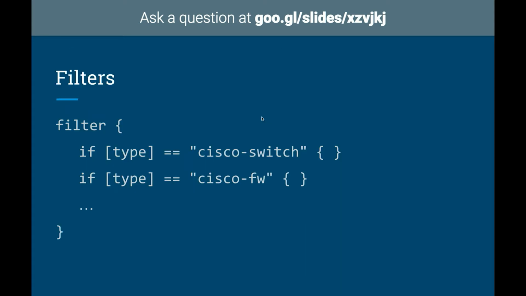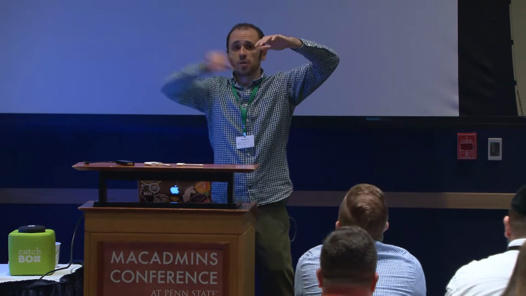I'm going to show you why that's important. Don't worry. Filters. The same way that we build messages, we have the ability to do conditional formatting. So earlier on, it was port 5514 for Cisco switches, 5544 for firewalls. And we tagged those as a switch and a firewall. Now when that data comes in, I can say if the type is a Cisco switch, perform different operations on it.